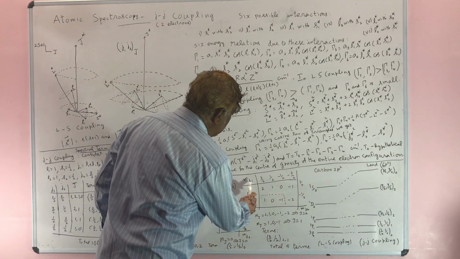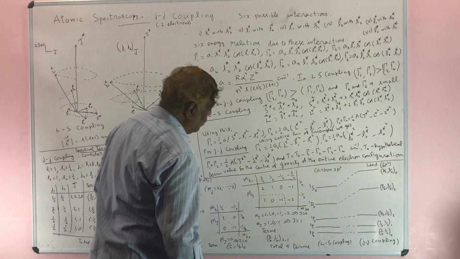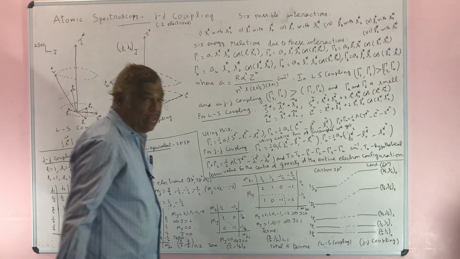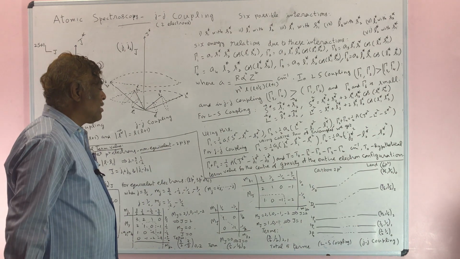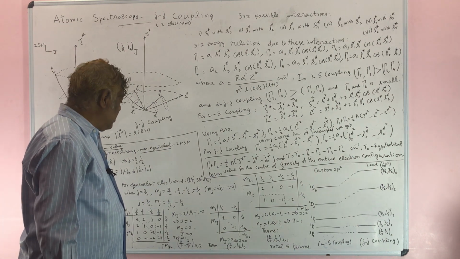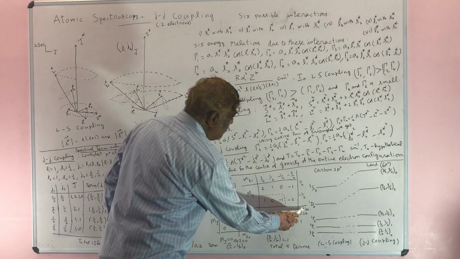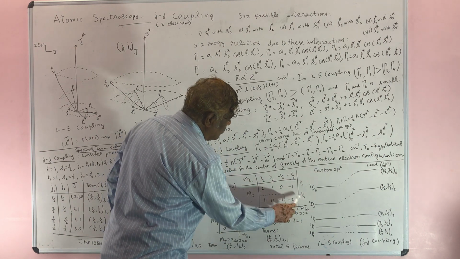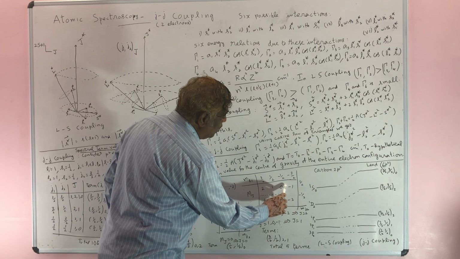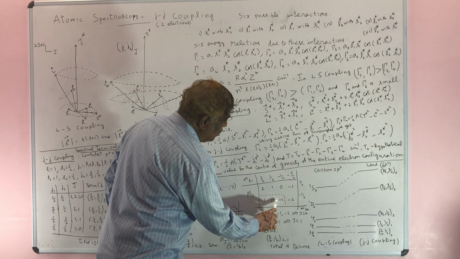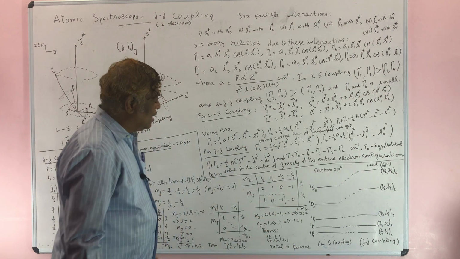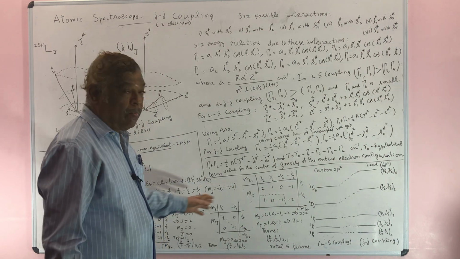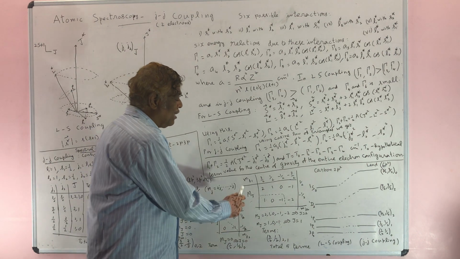Now for MJ1, when J1 is equal to 3 by 2, MJ1 is 3 by 2, half, minus half, minus 3 by 2. When J2 is equal to half, MJ2 is half, minus half. Again, MJ is the sum of MJ1 plus MJ2. We get 2, 1, 0, minus 1, minus 2, and 1, 0, minus 1. Since it is not a square type, you do not worry about Pauli's exclusion principle.